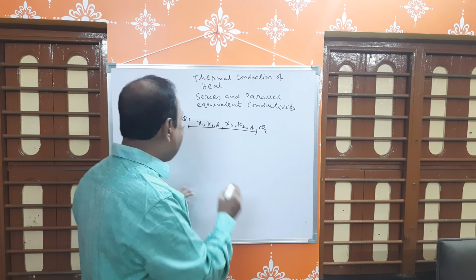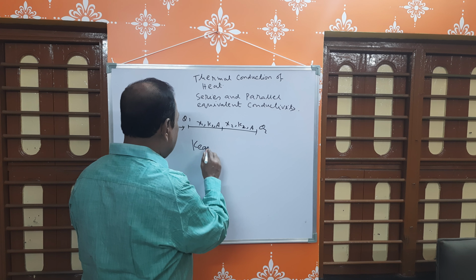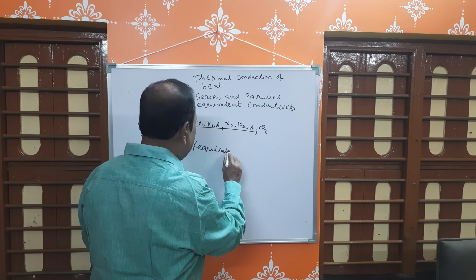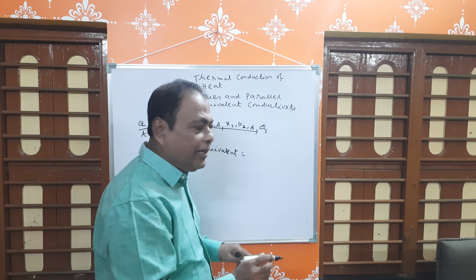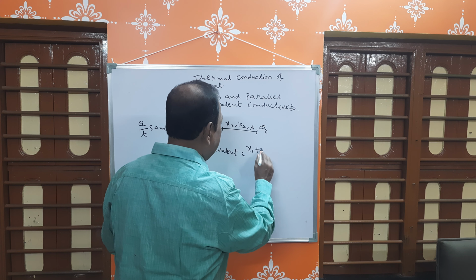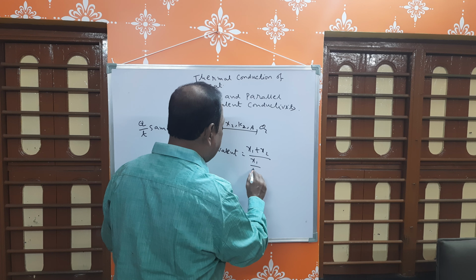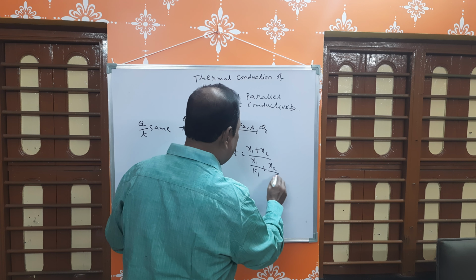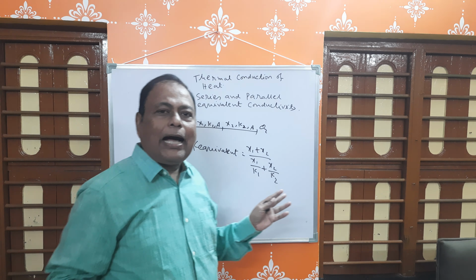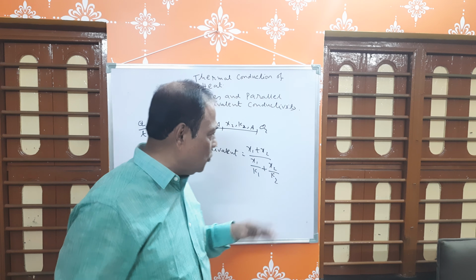So the K equivalent, that is called the equivalent conductivity, I told you is (x1 plus x2) by (x1 by k1 plus x2 by k2). Already I have proved this in my last lecture notes.